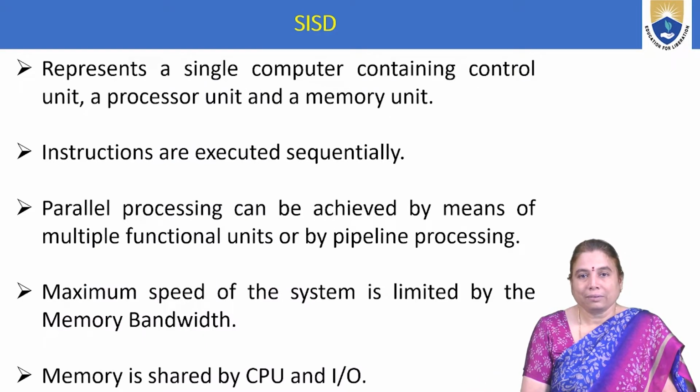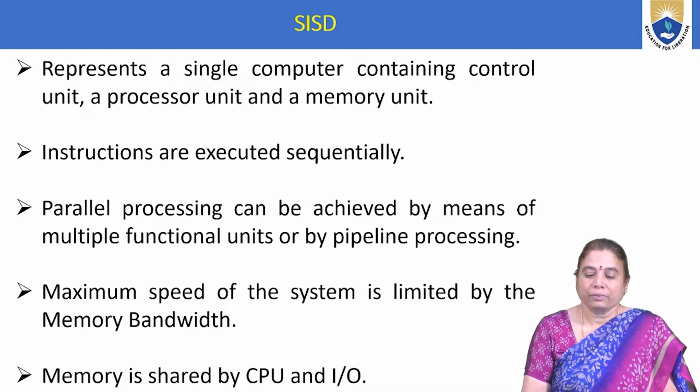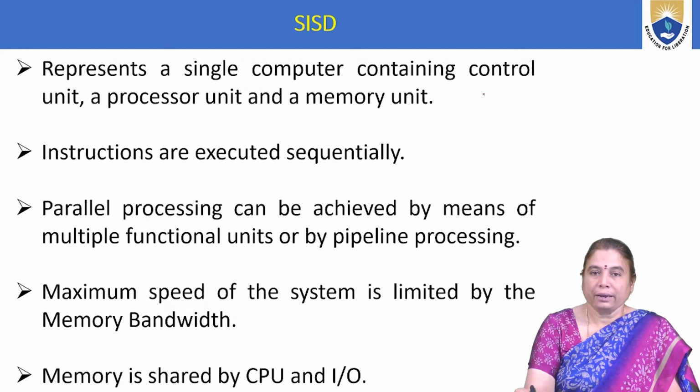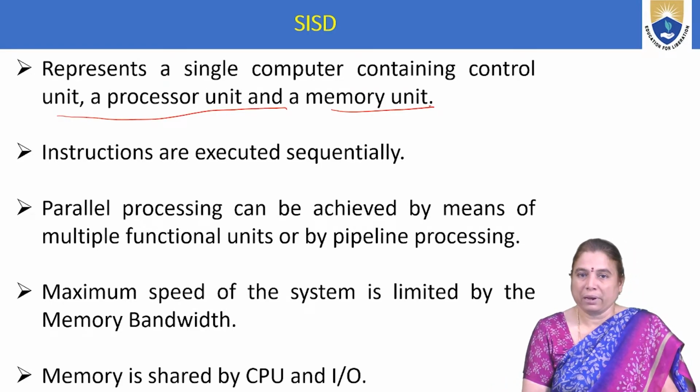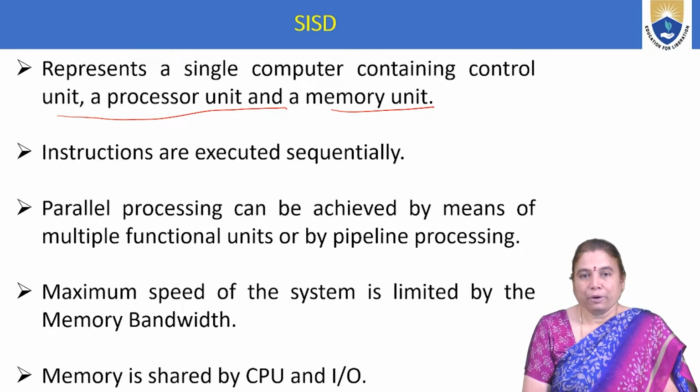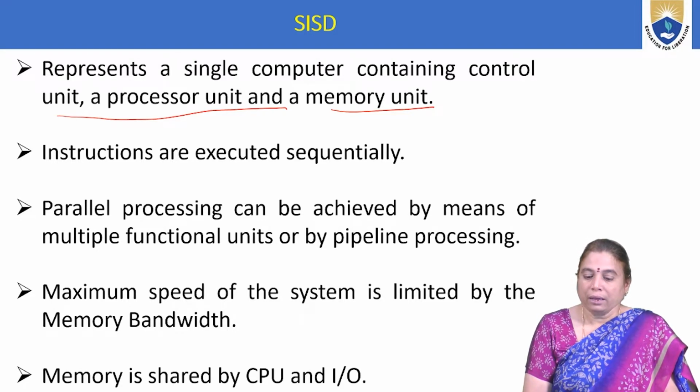Now, what are SISD systems? The SISD system represents a single computer containing a control unit, a processor unit, and a memory unit. In this architecture, a single control unit, a processor unit, and a memory unit are installed. Instructions are executed sequentially.